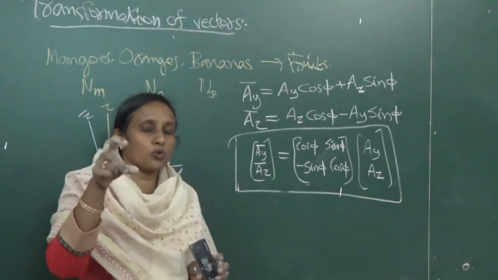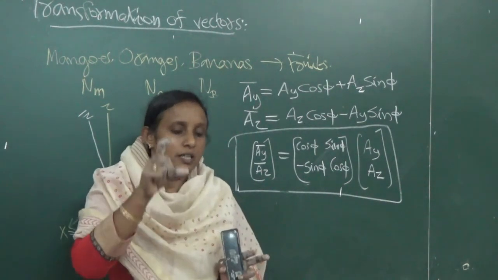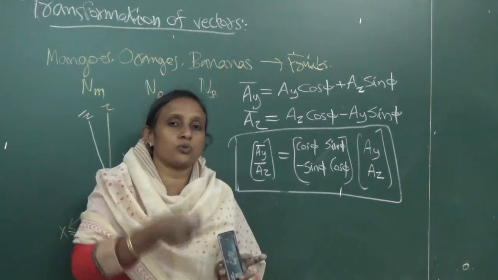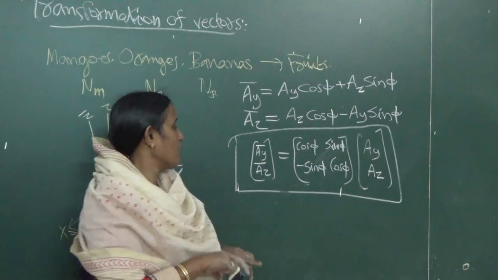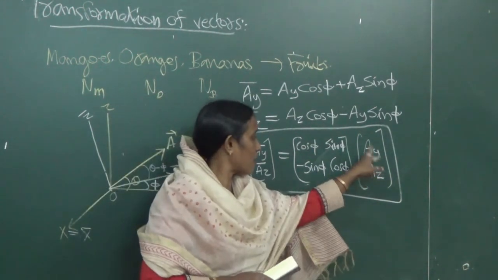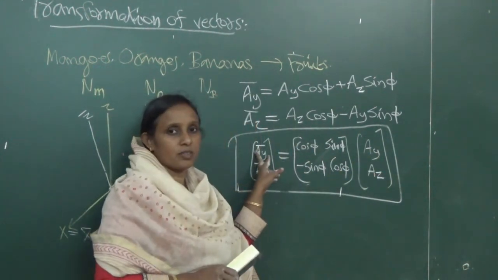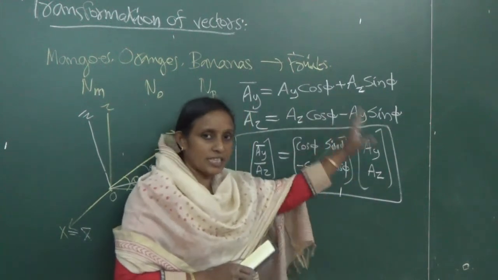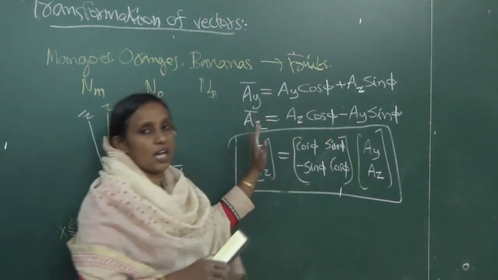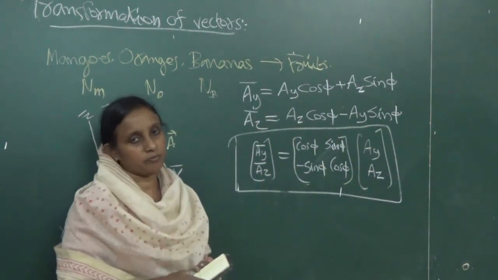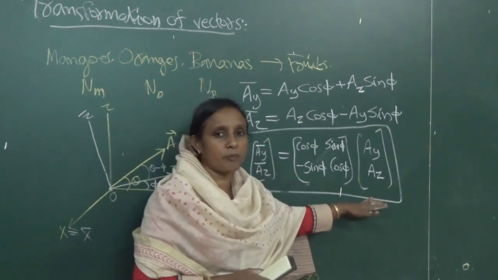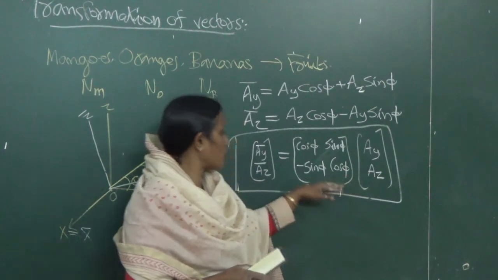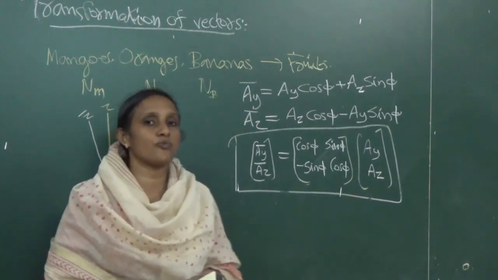You can never convert an apple or mango to a banana, or an orange to a mango. But here you can convert ay to ay bar, similarly az to ay bar, az bar. So these kinds of rules are obeyed by vectors. This law is called the transformation law for a vector.